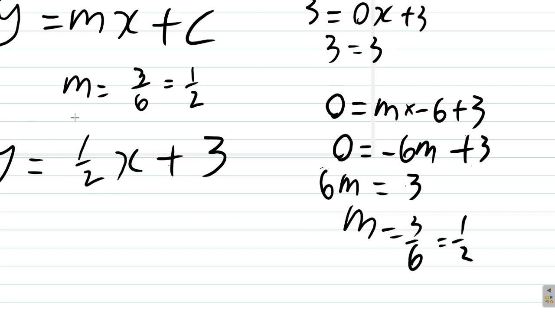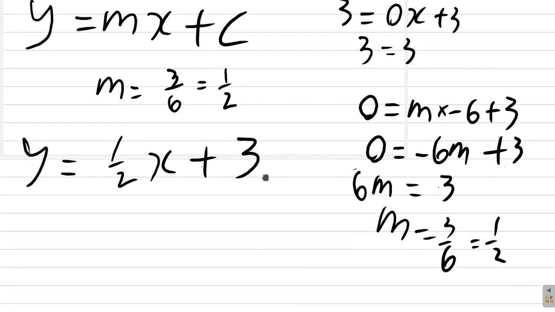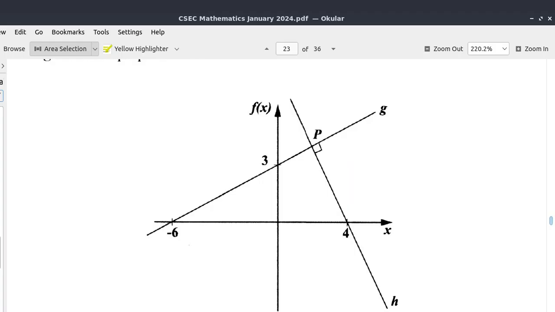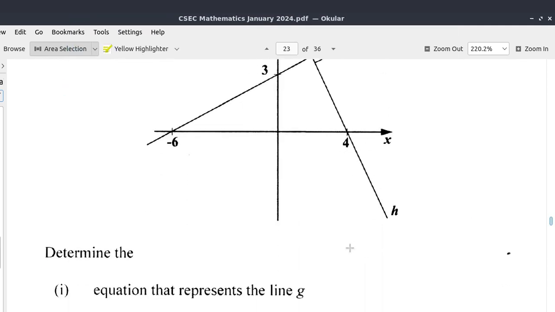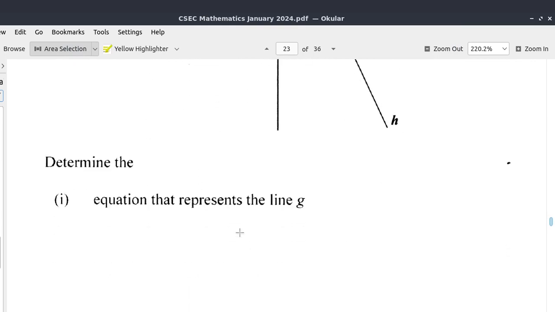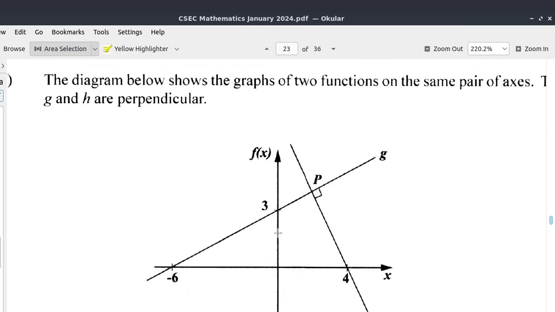That's another way that you could have found the gradient, substituting values of x and y. But anyway, we get y equals half x plus 3 as the equation for line G.